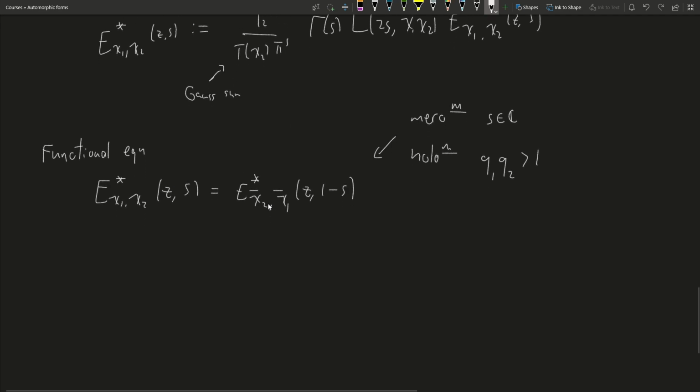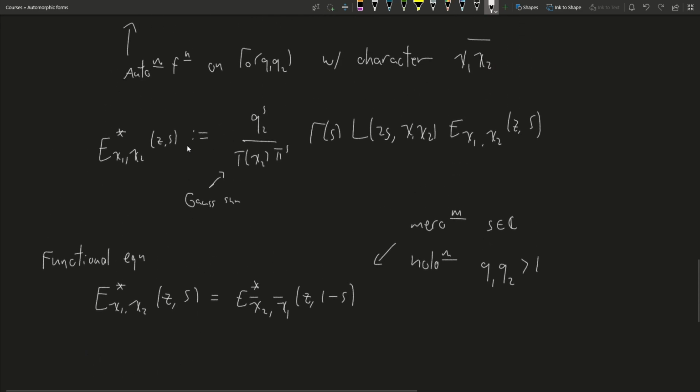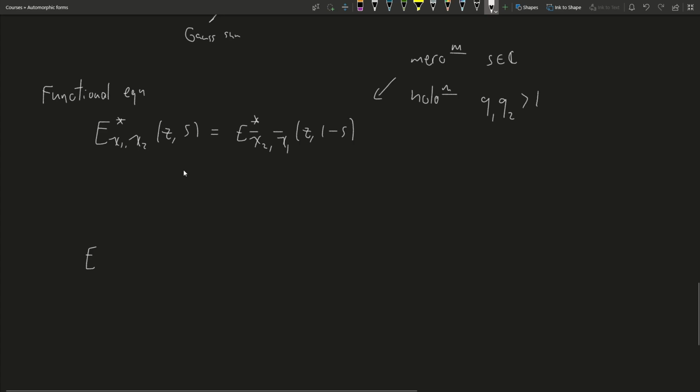And then the important part, which is the Fourier expansions. Since they're automorphic functions, it turns out you can relate them to the usual Eisenstein series. So I'm going to write 1 to be the trivial character mod 1.